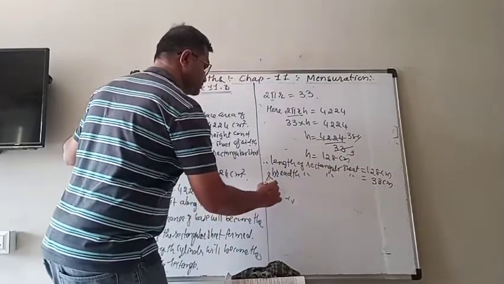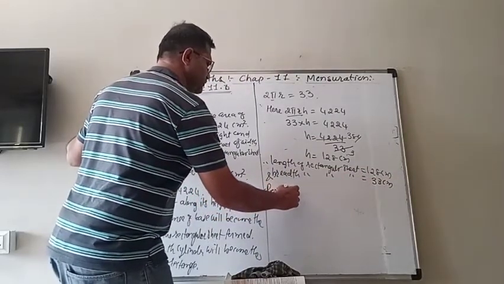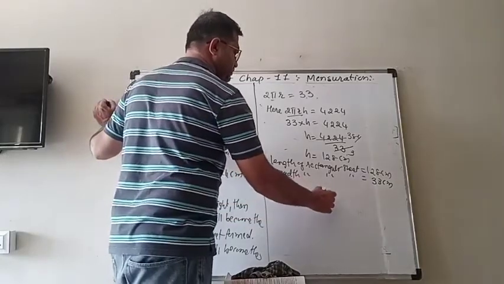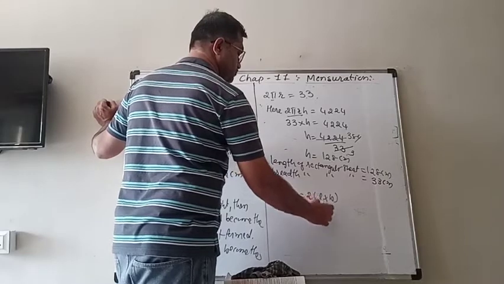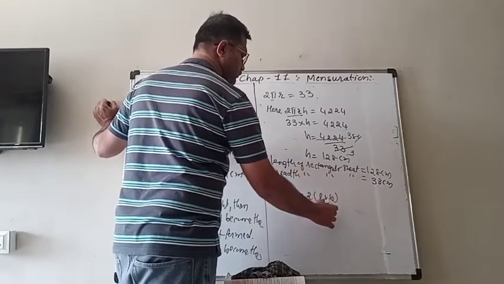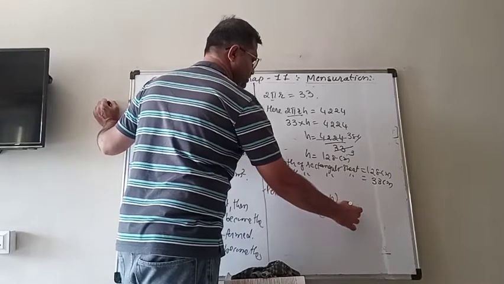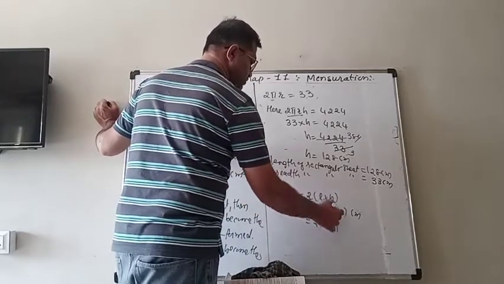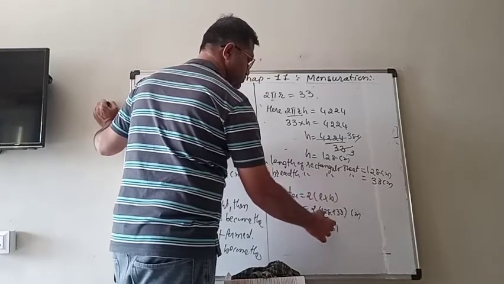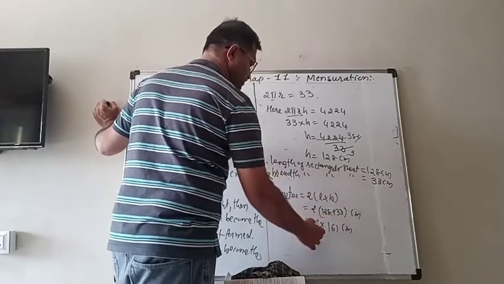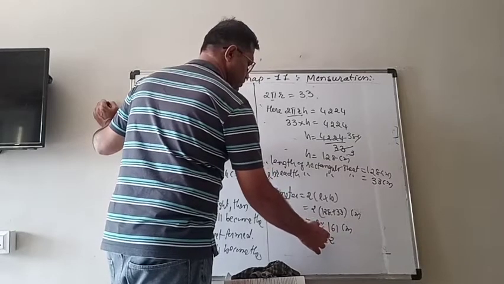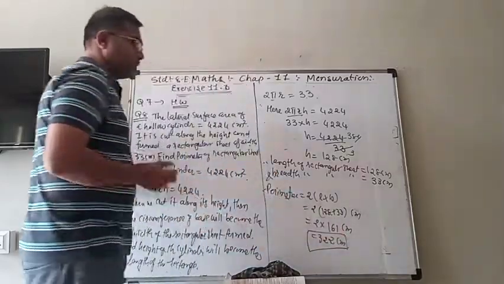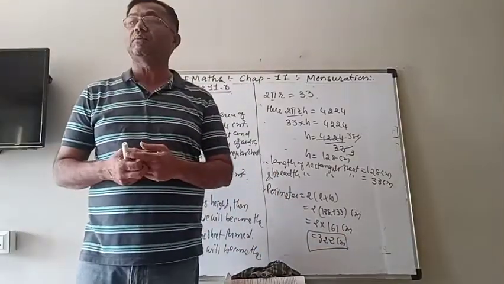Therefore perimeter, we know that perimeter of rectangle is 2 into bracket length plus breadth. So 2 into bracket 128 plus 33 centimeter. So 2 multiplied by 161, that is 322 centimeter. So the perimeter of the rectangle formed is 322 centimeter.